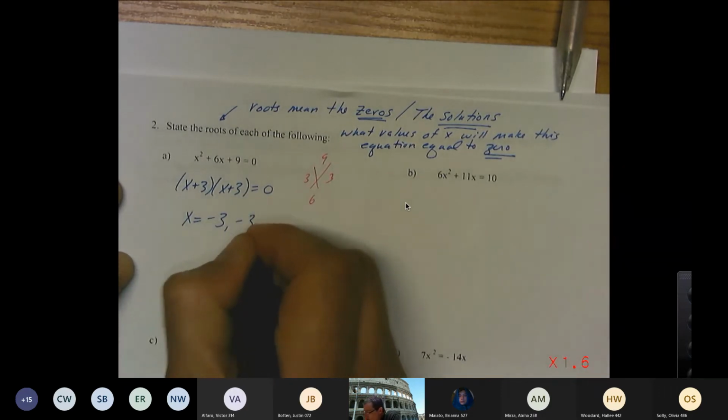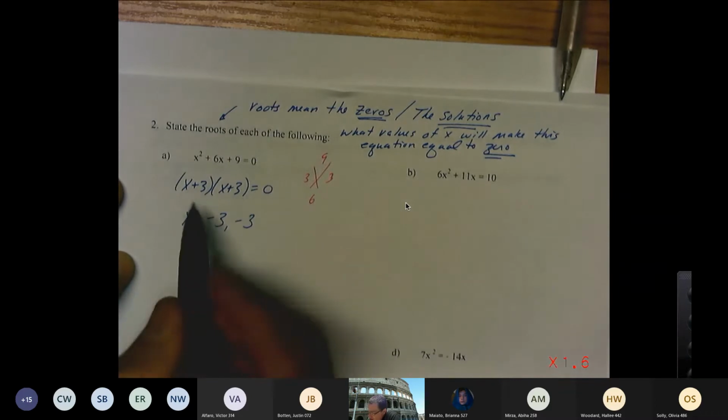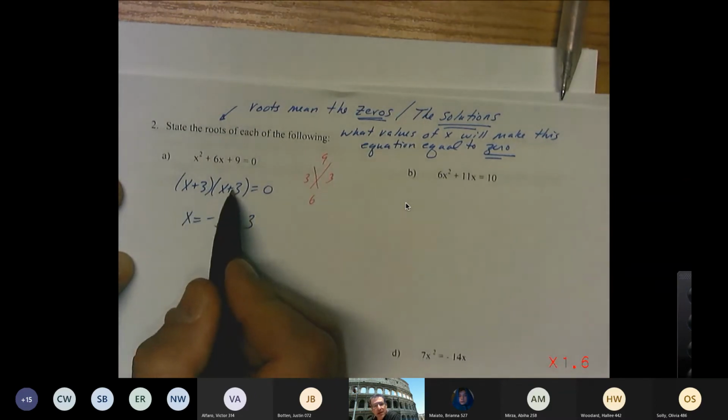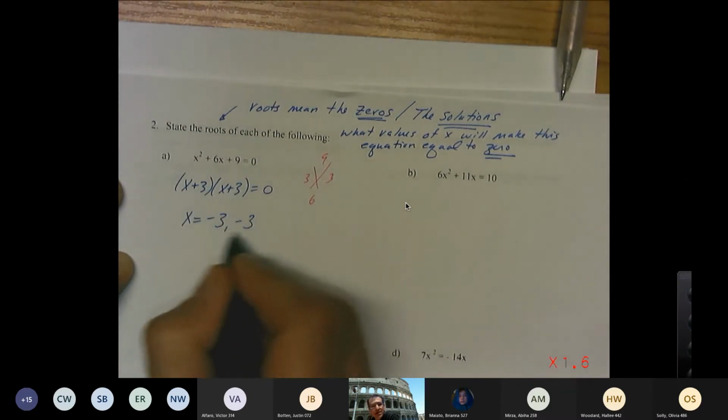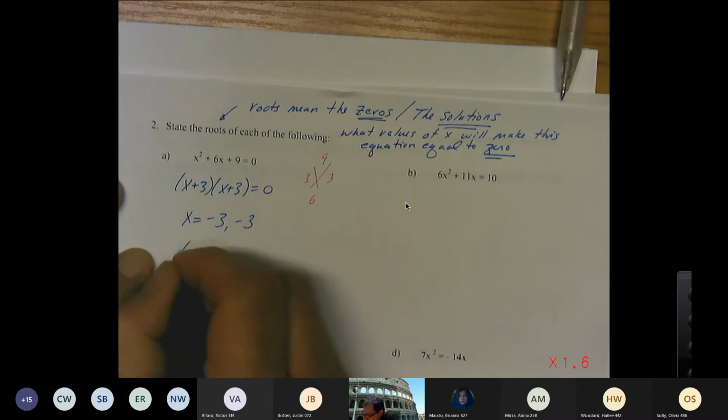And in fact, there's two -3's there, aren't there? There's x equals -3 and x equals -3. We don't like to write this because that's kind of like repeating yourself. It's kind of like mathematically stuttering. So we're just going to write the one time.